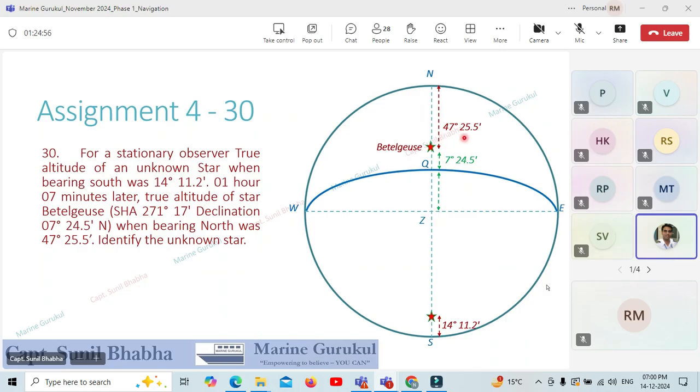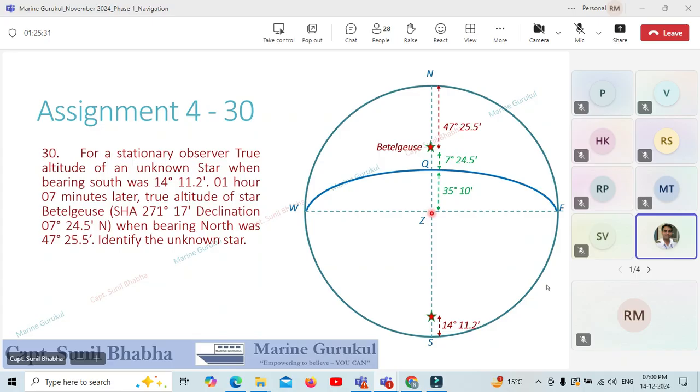So 90 minus 47°25.5' minus 7°24.5' gives me ZQ, which is 35 degrees and 10 minutes. So this 35°10' is the latitude of the observer. ZQ is the latitude of the observer. So the observer's latitude is 35 degrees 10 minutes south, because you see the zenith is south of the equinoctial. So 35 degrees 10 minutes south is the latitude of the observer.